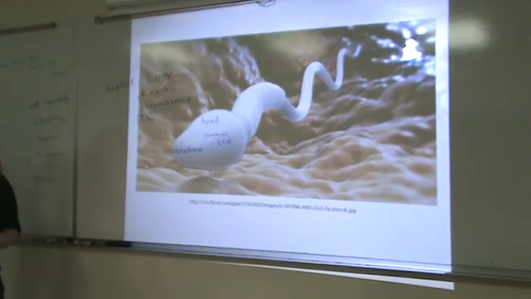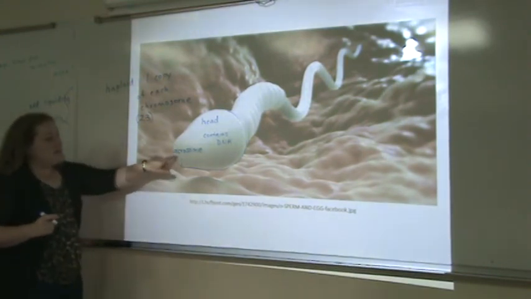It's got 23 chromosomes, because this is just a sperm. It has half the usual number. So every other cell in your body, if you're a man, has 46 chromosomes except the sperm. They've got half the number. They're haploid.